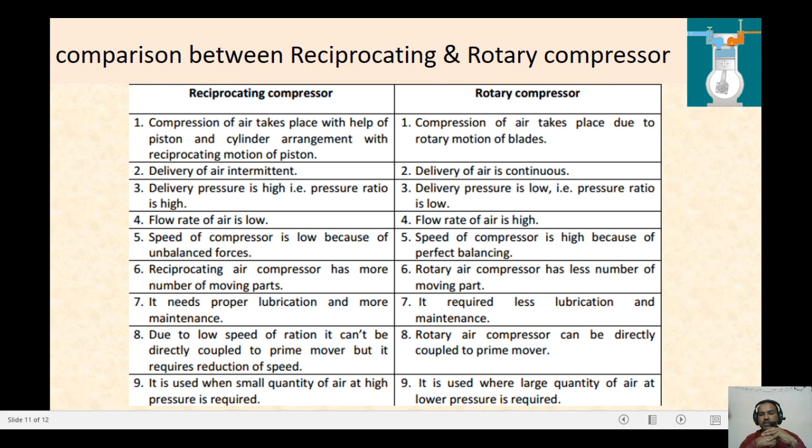But the rotary is used where a large quantity of air at a low pressure is required. These are the main differences or comparison between the reciprocating and the rotary compressor. This is very, very important, because many times it is asked in the examination to compare the reciprocating compressor and rotary compressor.